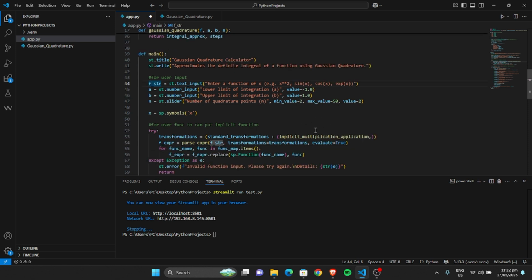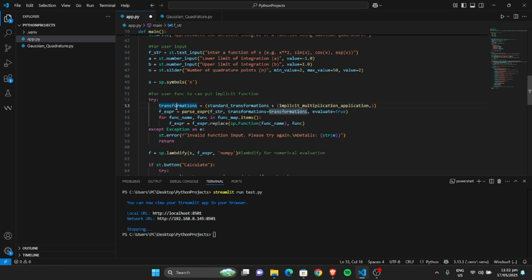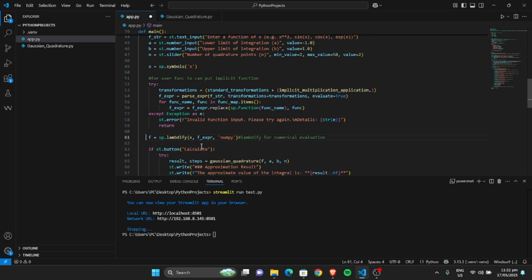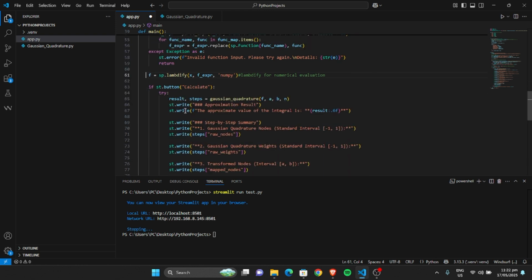We also have the x sp symbol used for SymPy, NumPy, and for calculation. And this is also for the user input, so that the user, just like I said before, will not need to use the asterisks for putting the function. And also we have lambdify, necessary for lambdifying the numerical evaluation and the calculation of the result.